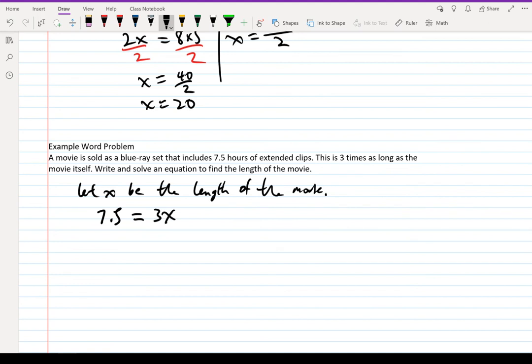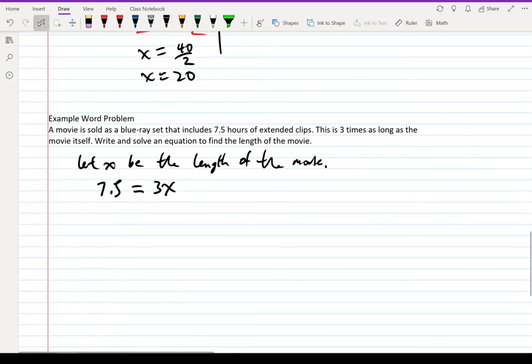Okay, and so 7.5, I know it's fairly simple. x is 2.5, but usually we don't like using decimals in equations, so you should change it to a fraction. So this becomes 15 over 2 is equal to 3x, and then you can move the 3 to the bottom.